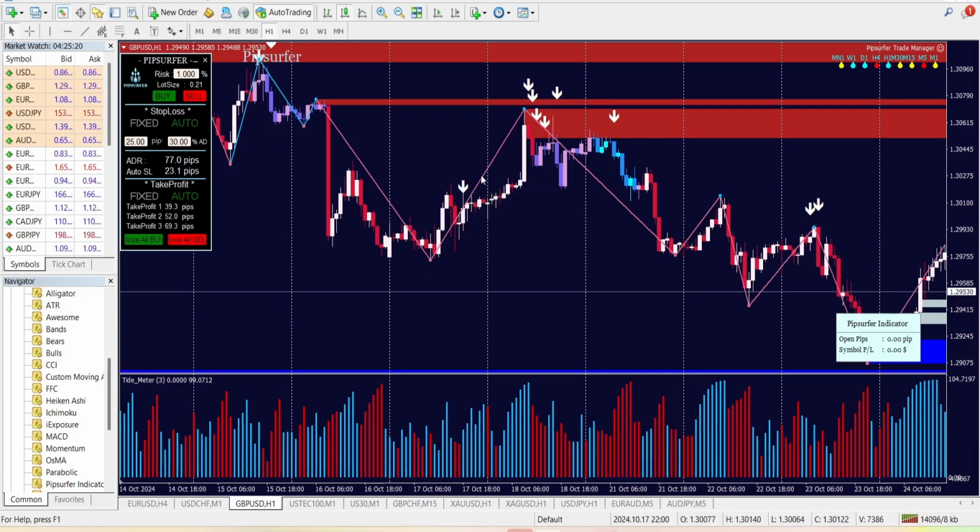So you see here, the market structure is still bearish. The second thing you're going to do is see if the market is trending in a time frame higher than the time frame you're looking at.